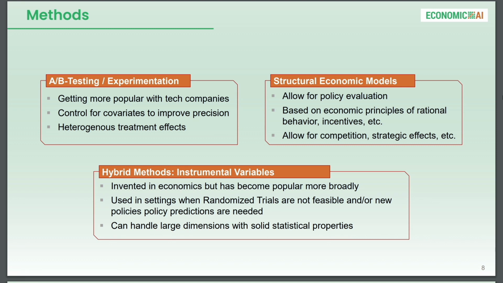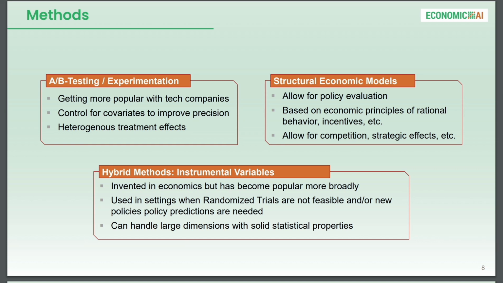Another point is that often we cannot do an experiment because there are ethical reasons or cost constraints, and then we have so-called observational data which are somehow given. And then the question is, can we also learn causal effects in this kind of data? There are tools like regression discontinuity and IV, which have been developed under the umbrella of structural economic models. Given observational data, we can try to uncover causal effects.